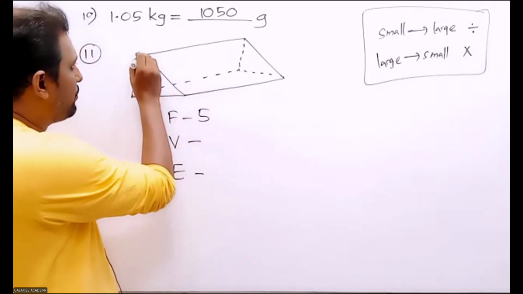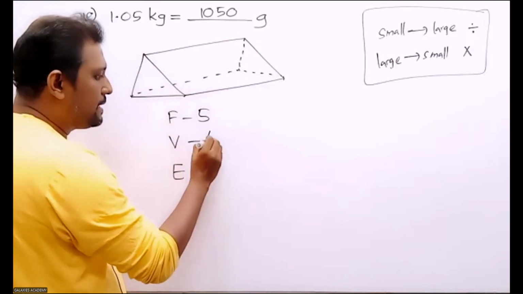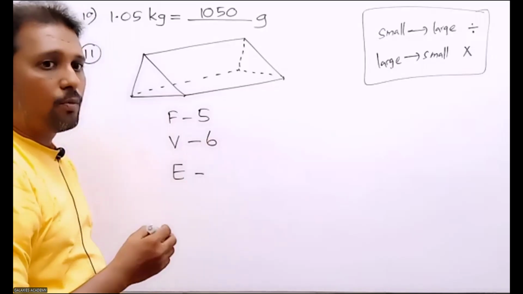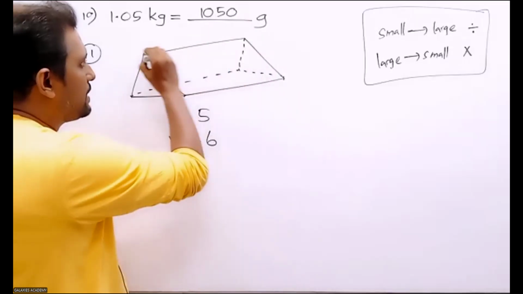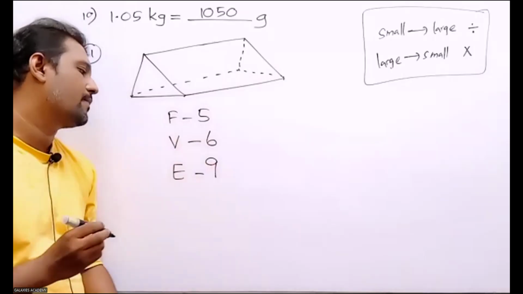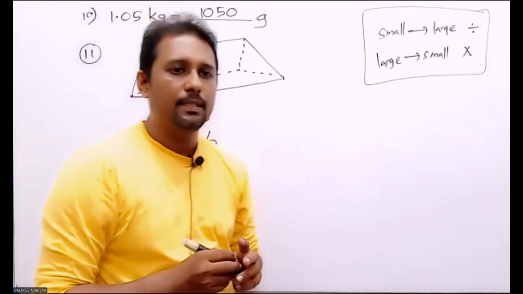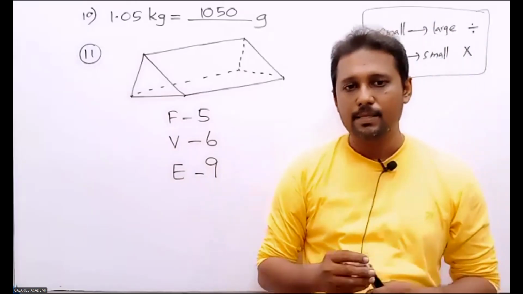Vertices, how many? 1, 2, 3, 4, 5, 6. 6 vertices. How many edges? 1, 2, 3, 4, 5, 6, 7, 8, 9. Right? 9 edges.